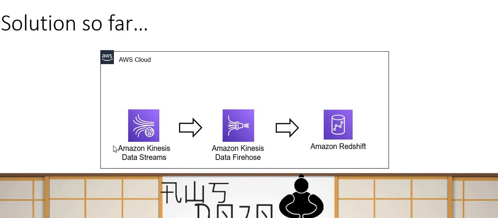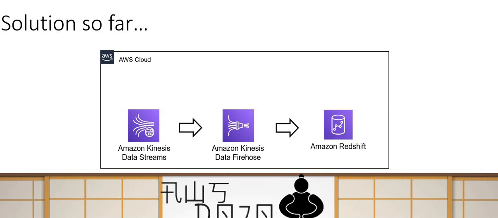So the moment the data comes to Kinesis data stream, it was batched, and batching was done either based on a time or based on a certain size. And once that batch size is reached, that data is then delivered to Kinesis Data Firehose. Kinesis Data Firehose will simply write that data to the destination, and one of the destinations could be Amazon Redshift.